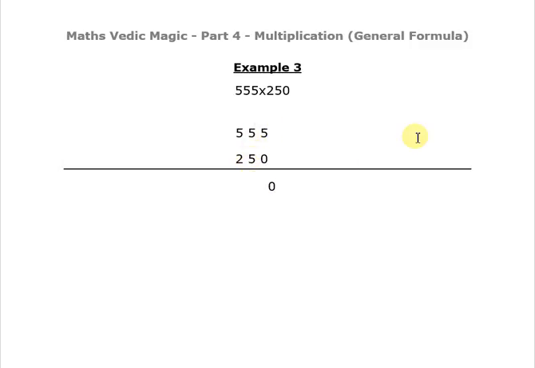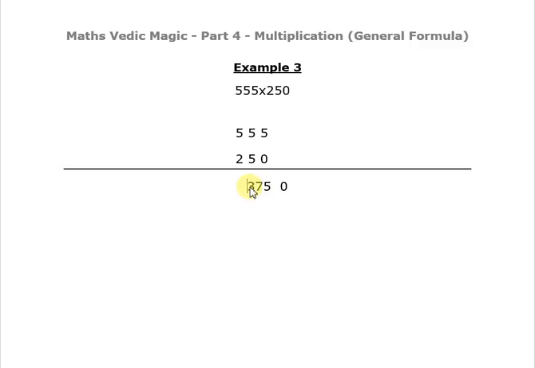Then the multiplication of the extreme digits with the vertical multiplication of the middle digits. So 5 into 0, 0, plus 5 into 2, 10, plus 5 into 5, 25. So that gives us 35, plus 2 carry. That gives us 37 with a carry of 3.